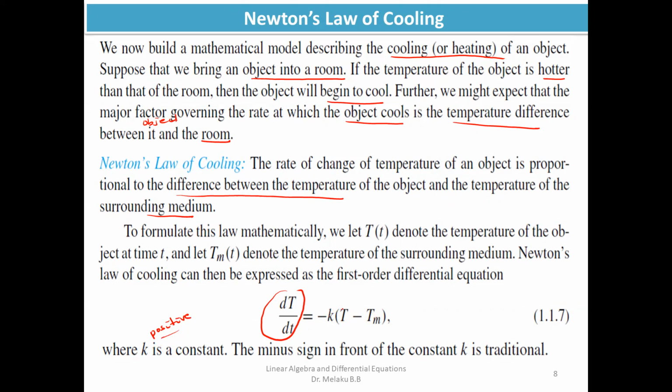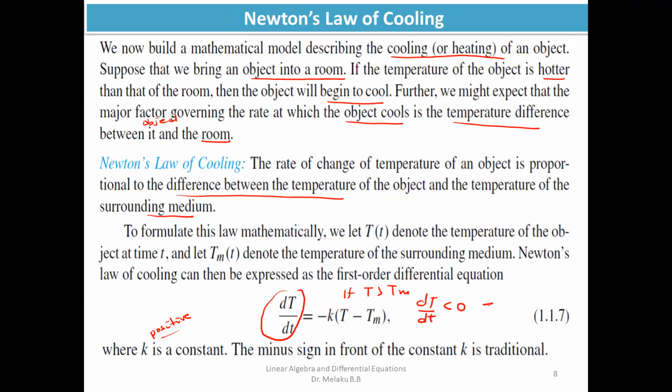You can see it. For example, if T is greater than Tm, which means the temperature of the object is greater than the temperature of our room, the object will get colder and colder. This T minus Tm is positive, and upon multiplying by minus a positive number, dT by dt will be less than 0.